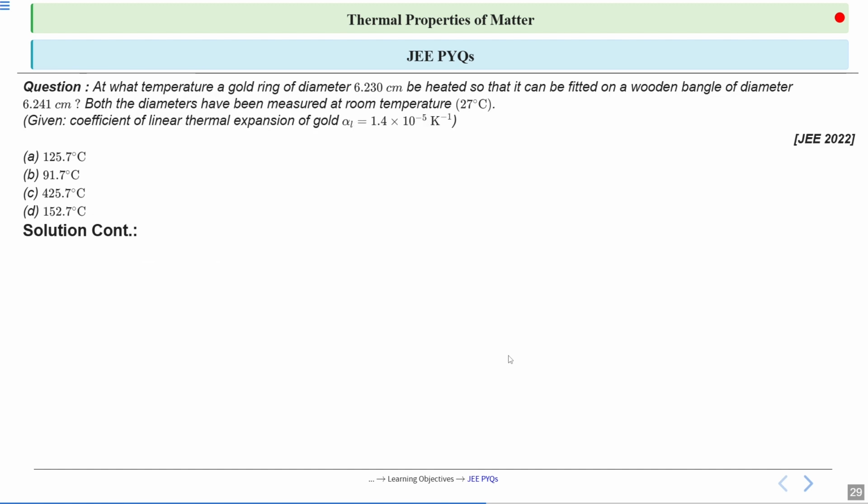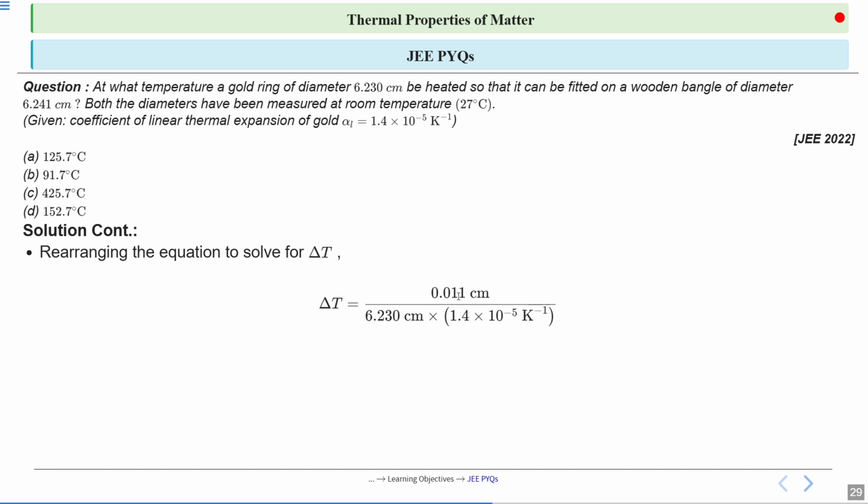Now, rearranging the equation to solve for delta T, it will be 0.011 centimeter divided by 6.230 centimeter into 1.4 into 10 raised to the power minus 5 per Kelvin.